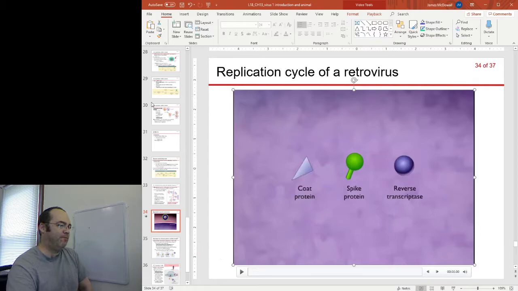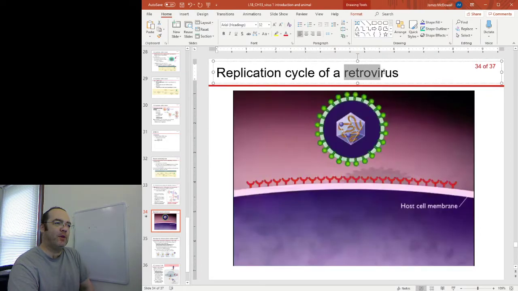Okay, there we go. Reverse transcribing viruses, or retroviruses. There are some other kinds of reverse transcribing viruses that aren't retroviruses, but I'm going to treat them one and the same. Okay, so that's the end of our look at how different kinds of viruses go through the process of synthesis.